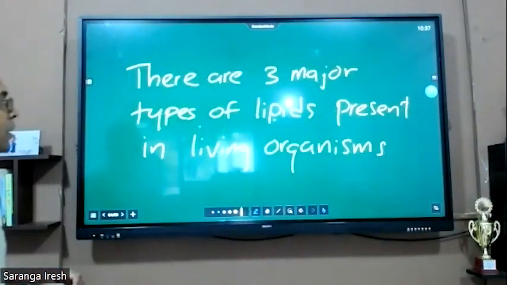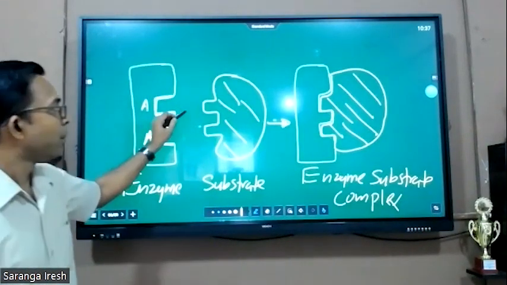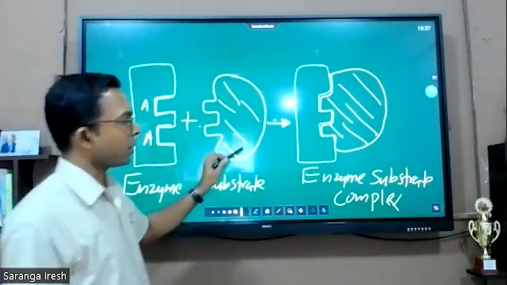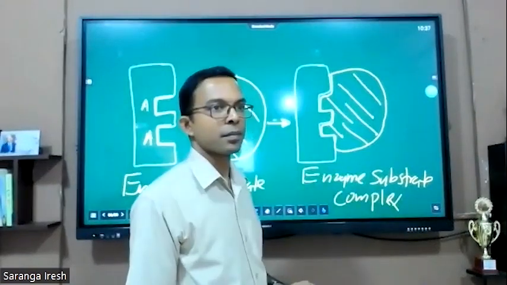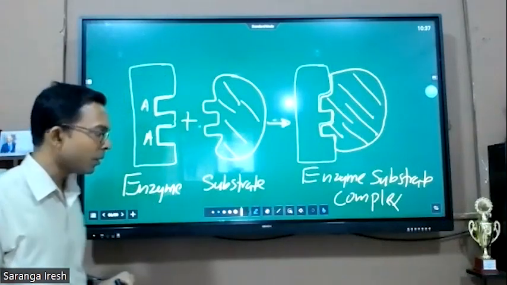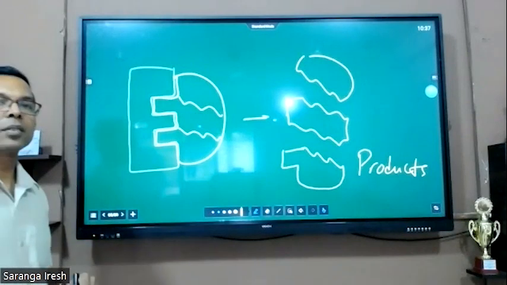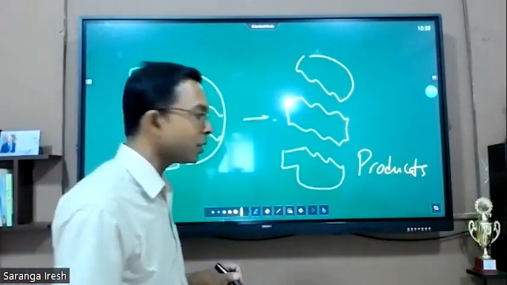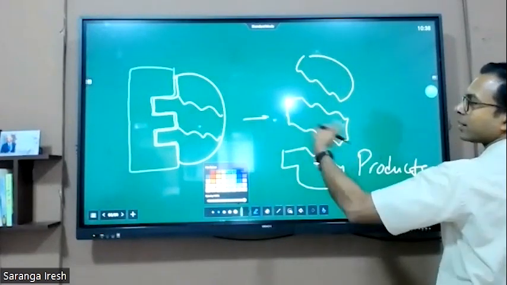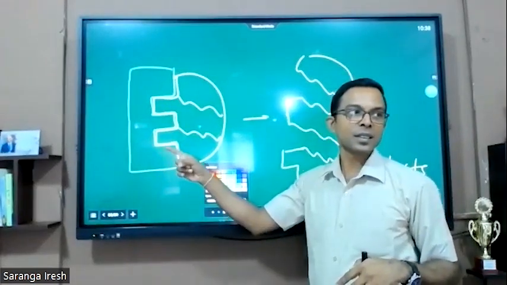First, the enzyme binds to the substrate molecule and produces the enzyme substrate complex. It reduces the activation energy of the molecule and then breaks down into products. Products are released because now the shape of the products is not similar to the active site.